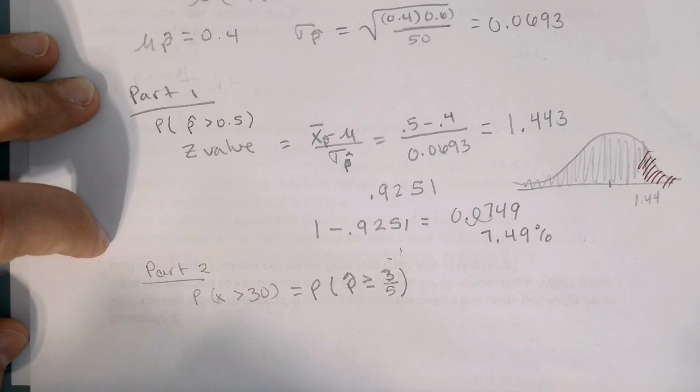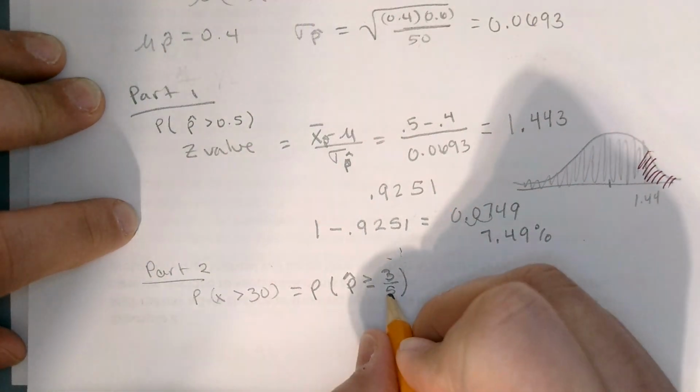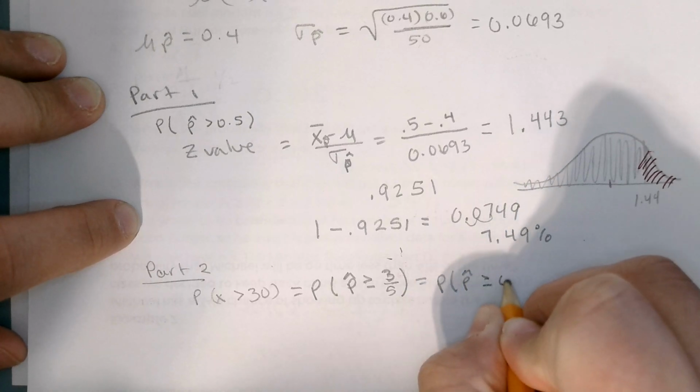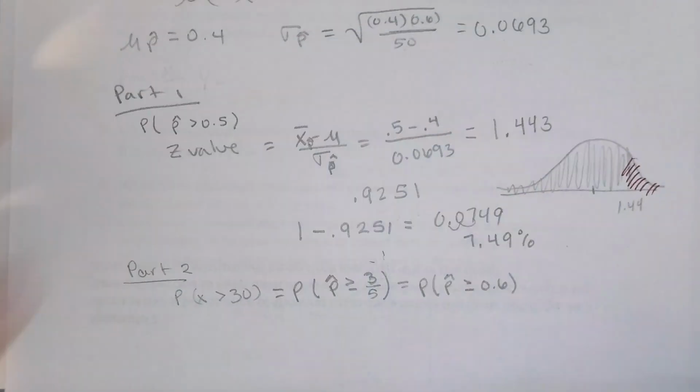You could also use 0.6, since we're using decimals anyways.